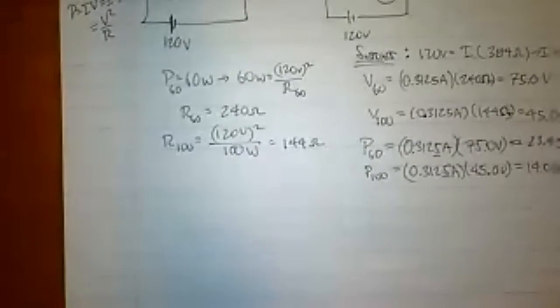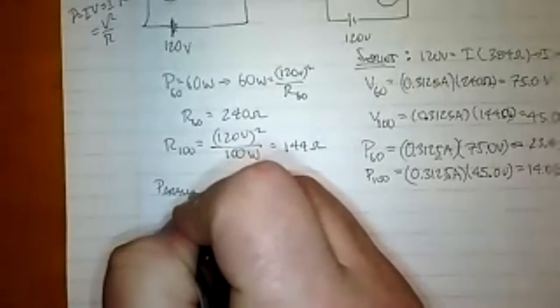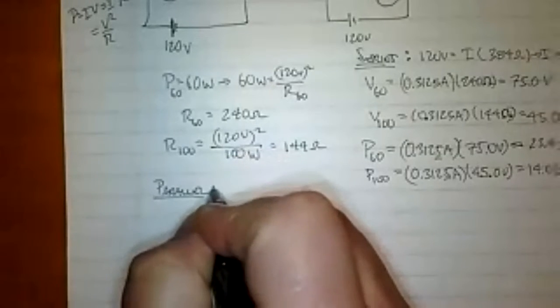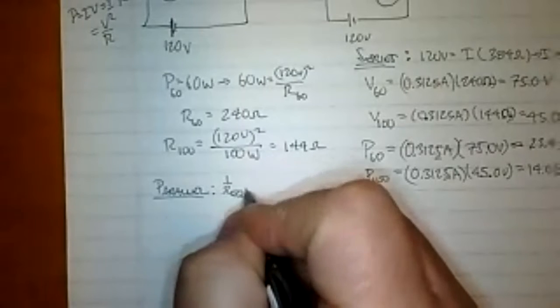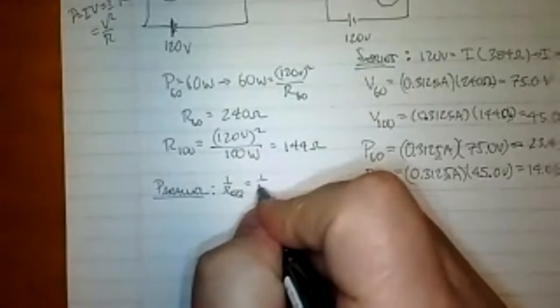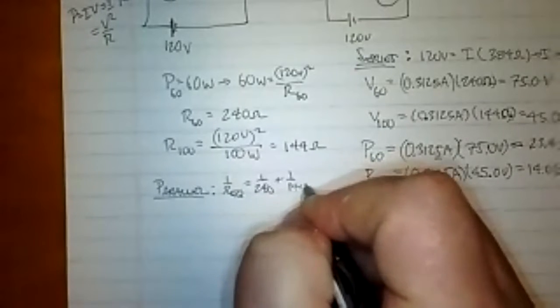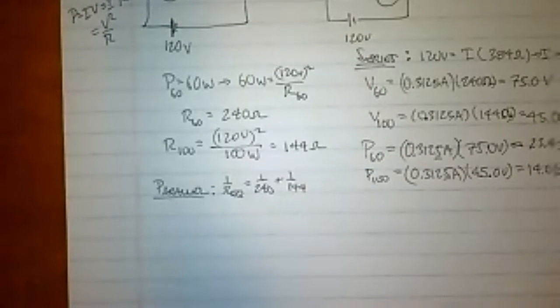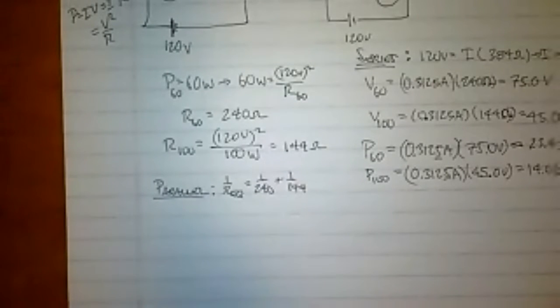Now let's try and see what happens when they're in parallel. Well, when they're in parallel, 1 over R equivalent is equal to 1 over 240 plus 1 over 144. That's not a really nice thing to do. I'm going to work that out instead of do it in my head because that would be awful.